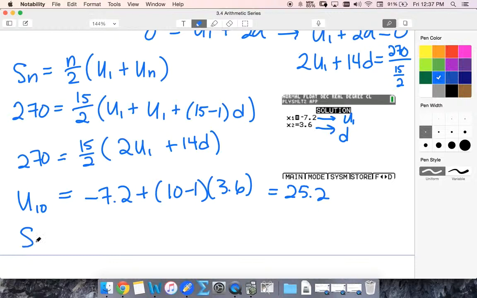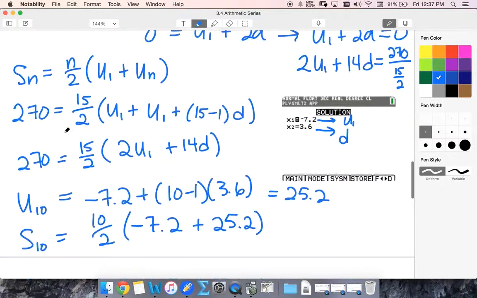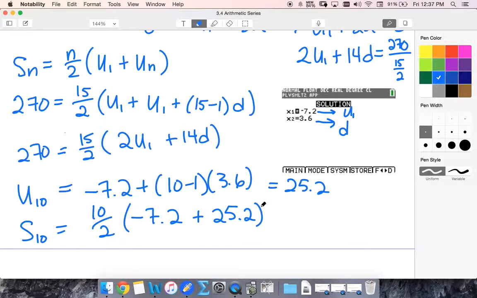So my sum of the first 10 terms is 10 over 2 times U1 plus 25.2. Notice that my answer hopefully is going to be less than 270, because the first 15 terms added up to 270. The first 10 terms should add up to something less than that.